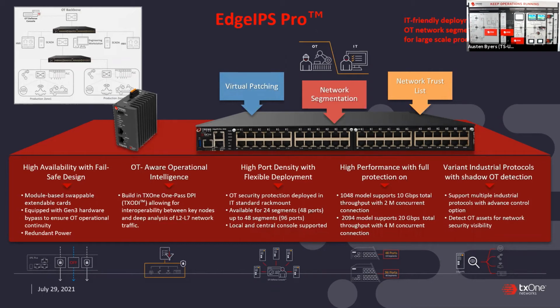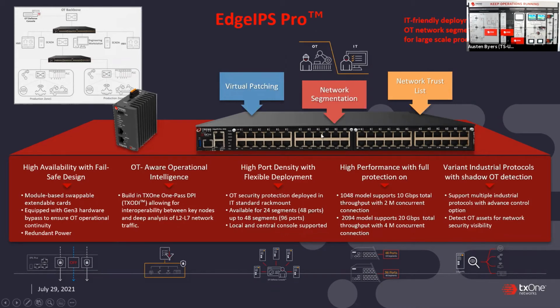Specifically, there's a bunch of different features, but one of them is that the smaller EdgeIPS to the left there has hardware bypass. So if that machine was to go down, it'll still pass the network traffic to the machine downstream, so it's not impeding the operation of that machine. That's not configurable with that device. When we get into the EdgeIPS Pro, that feature is configurable.